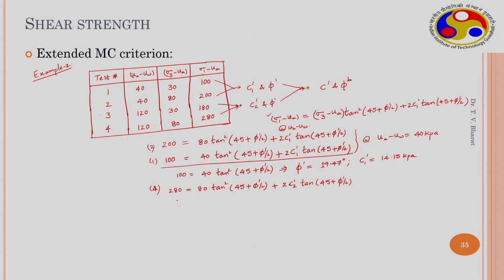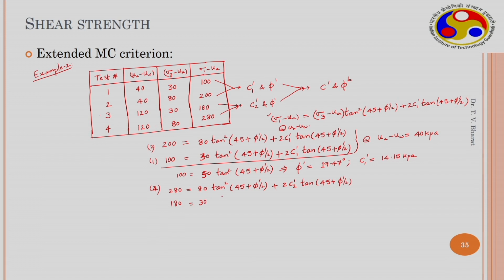And this one is 180, sorry, this is 30. So, this is 50. So, that is why this is half and you get the same value phi dash.